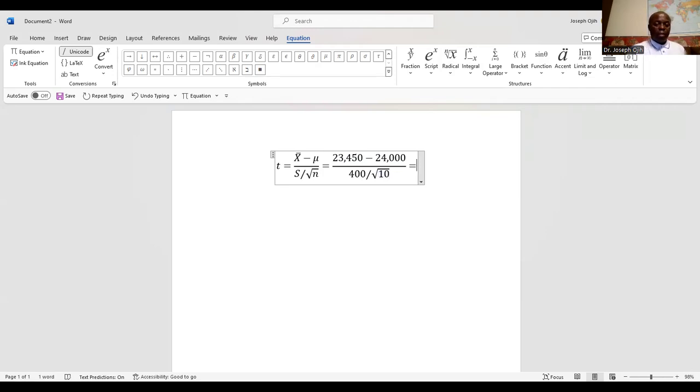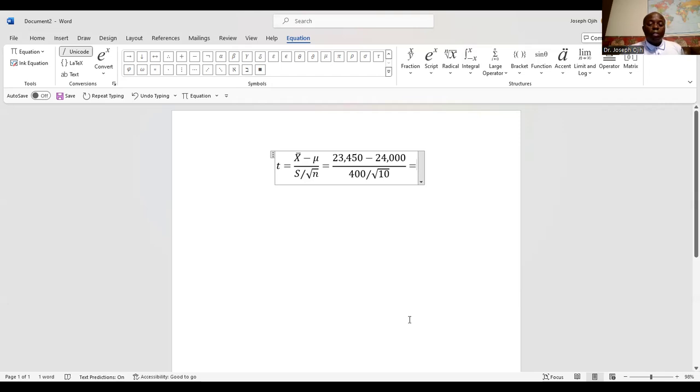So I have T equals 23,450 minus 24,000 divided by 400 over the square root of 10.